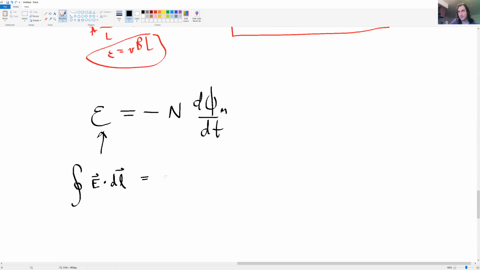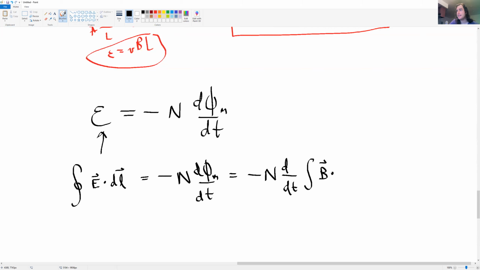And of course, that's got to be equal to minus N d phi m dt. So we can also rewrite the right hand of this expression as minus N d by dt of the magnetic flux, which can be written as an integral B dot dA, right?